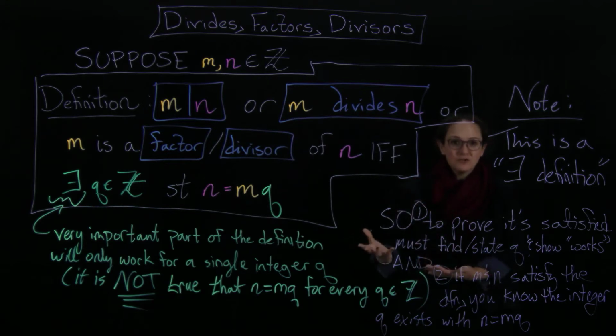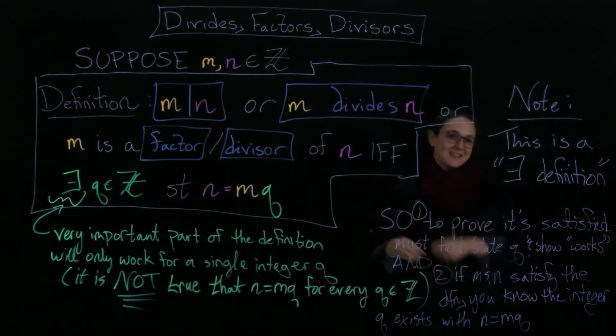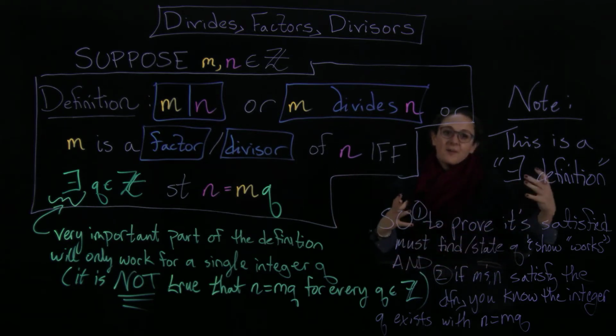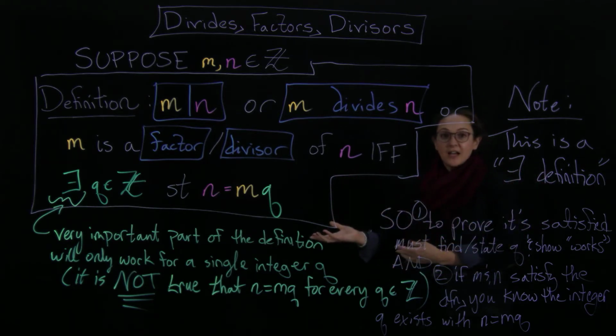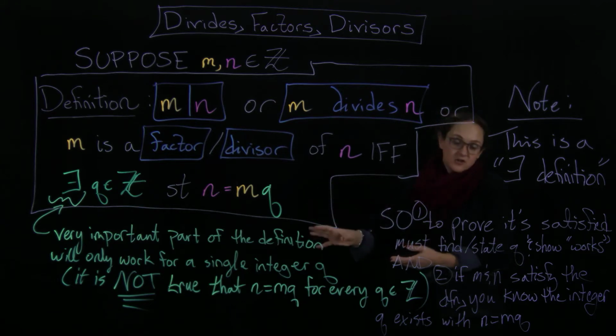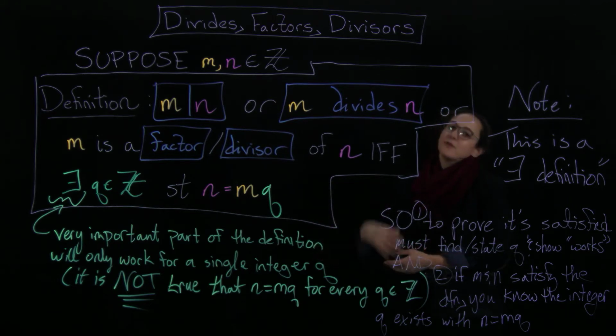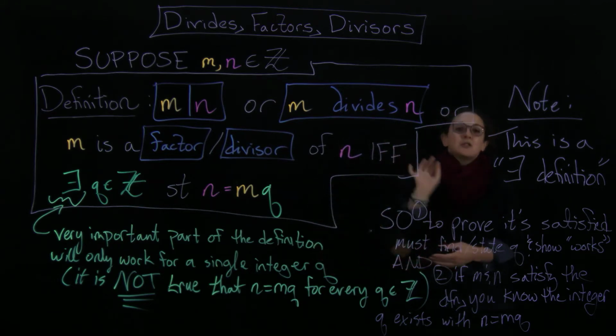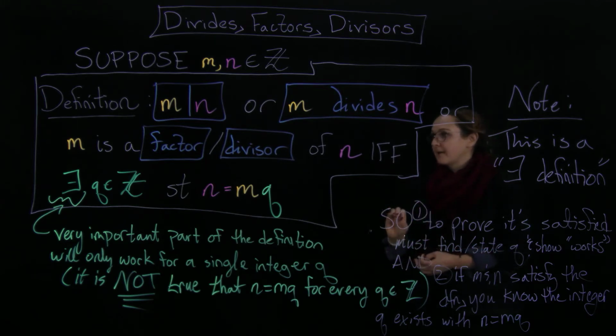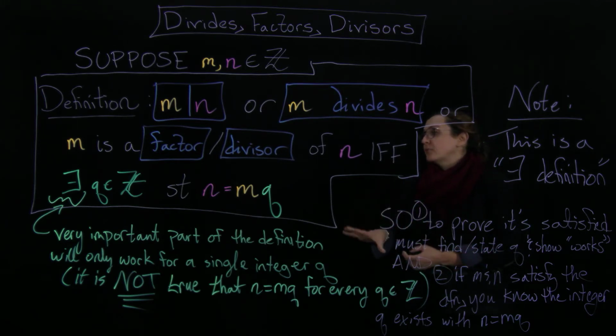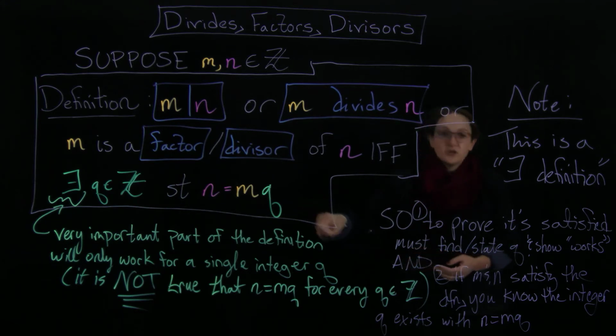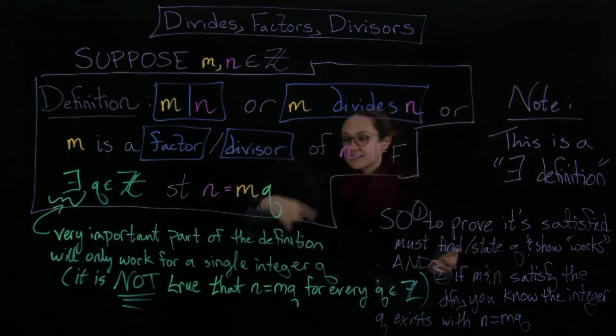It's very useful, particularly in proofs where you want to rewrite things so that you have something to work with. But if you want to show that it's satisfied, you need to find the q in your scratch work. This is an existence proof. In your proof, you state the q, and then you show it works, i.e. it is an integer and satisfies this.